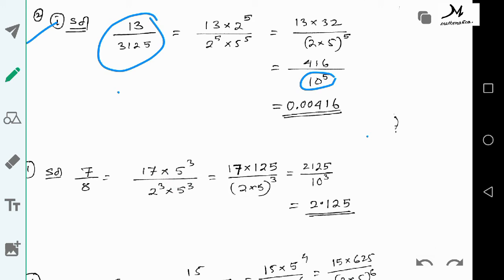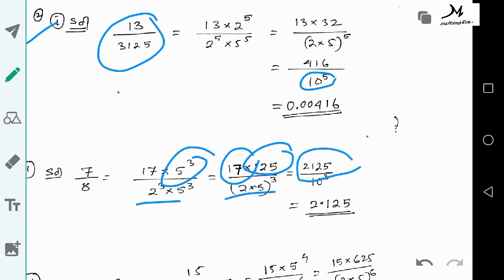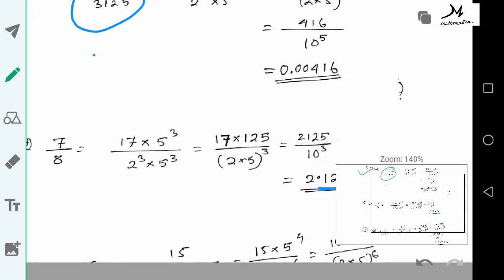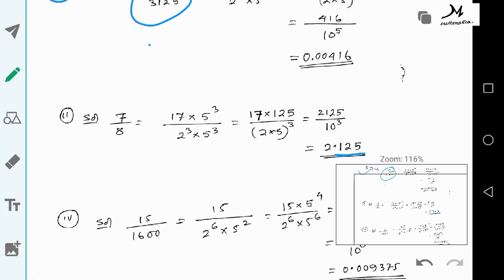Then 2 to the power 3 into 5 to the power 3 can be written as (2 into 5) whole to the power 3, and here 5 cube is 125. 125 into 7, if you multiply, you will get 875. So here you see the denominator is 10 to the power 3, that's why the decimal should have 3 digits after the point. So similarly we can solve the rest.